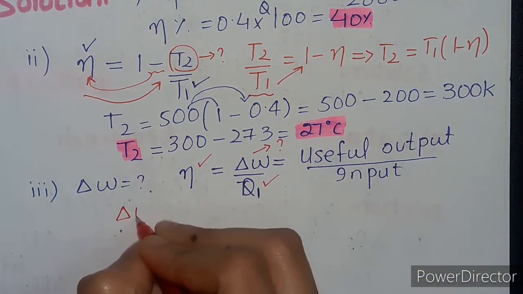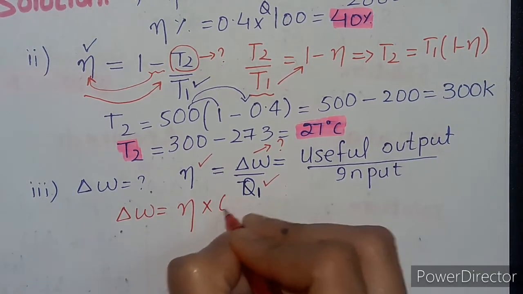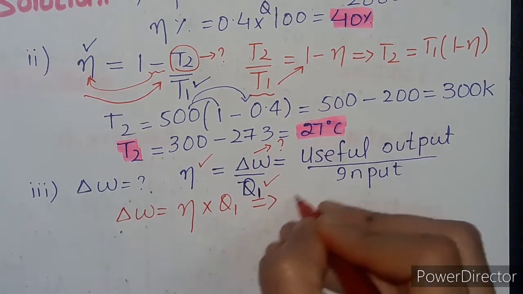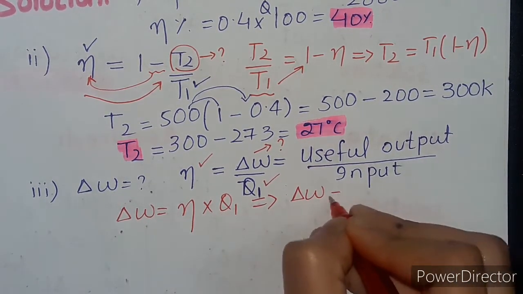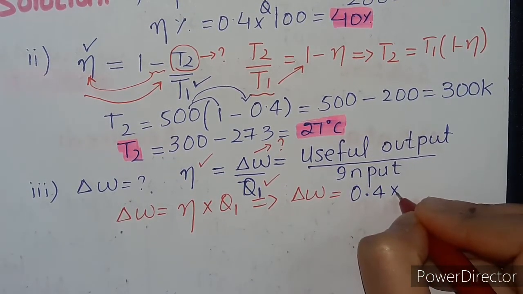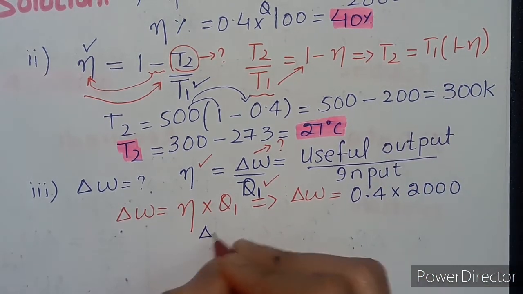So del W is equal to efficiency multiplied by Q1. So we can easily find the work done. The value is 0.4 multiplied by Q1, which is 2000 joule. So we get the value of work done.